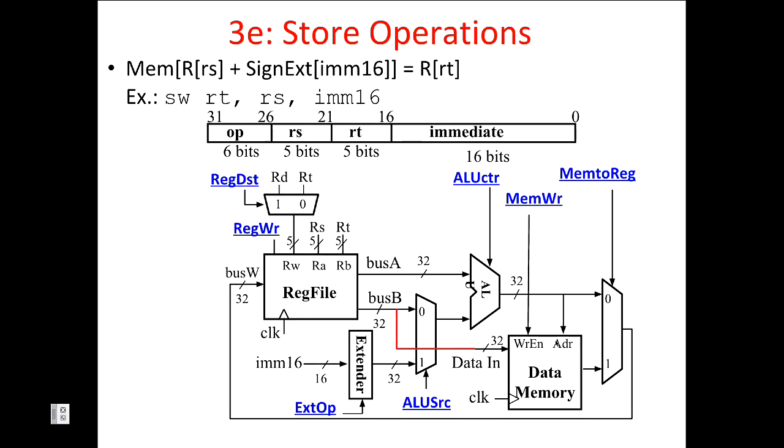Yeah? I have a question. So for I instructions? I types, yeah. I-type instructions. Why is it op RS RT instead of op RS RD? If we use RD, then there is no need for the RegDst mux, right? And bus B is useless anyway, because you're going to load the immediate anyway.